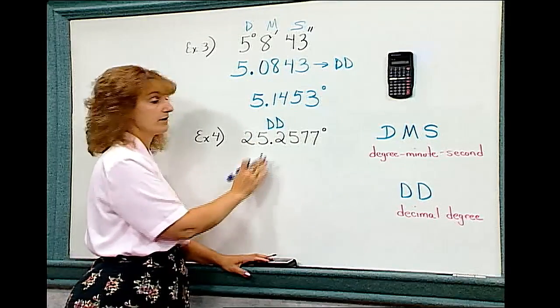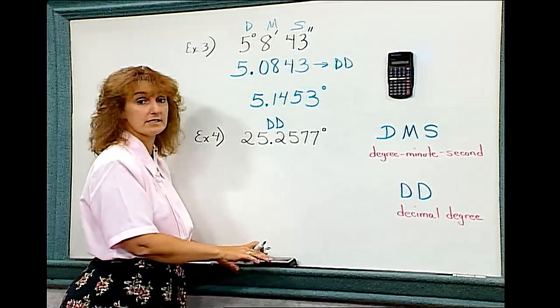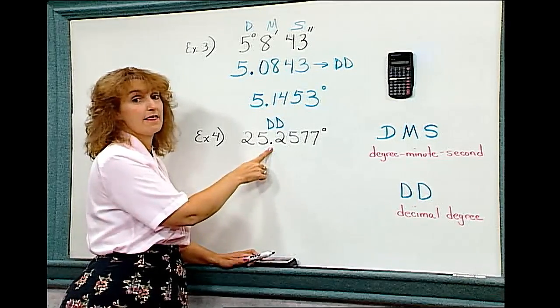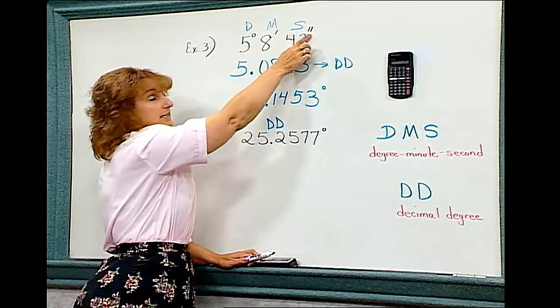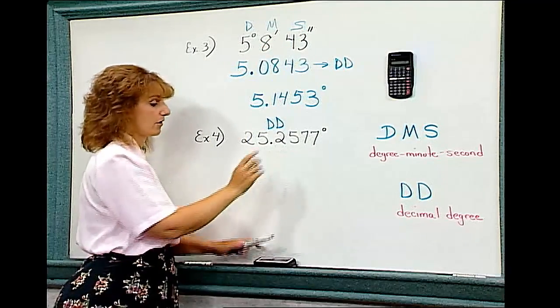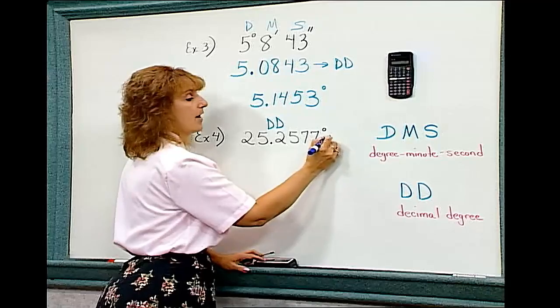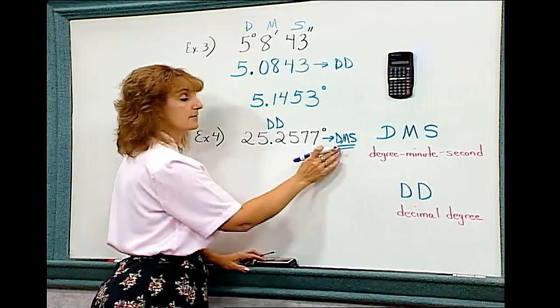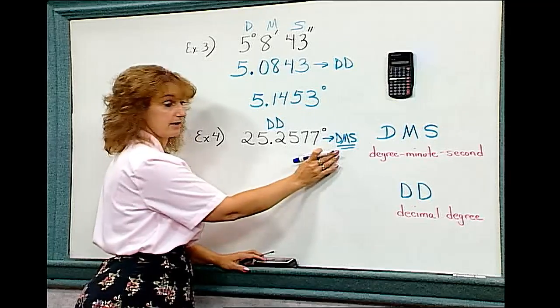I know we're starting with a decimal degree for 2 reasons. 1, there's a decimal point. And 2, there's no minute or second symbol. So we're starting with a decimal degree and we're going to degree, minute, second. So that's the button we'll be pushing on the calculator.